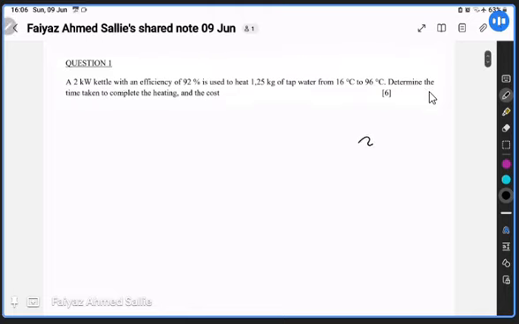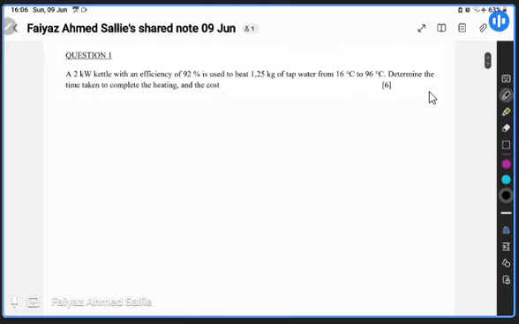Okay, so let's solve this problem. The given data is a 2 kilowatt kettle, so this is electrical power. Electrical power of how much? 2000 watts, right?